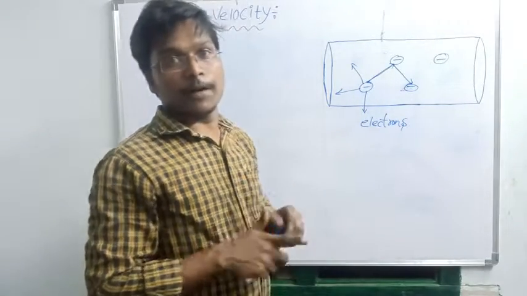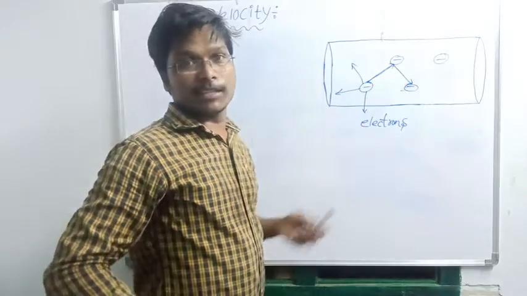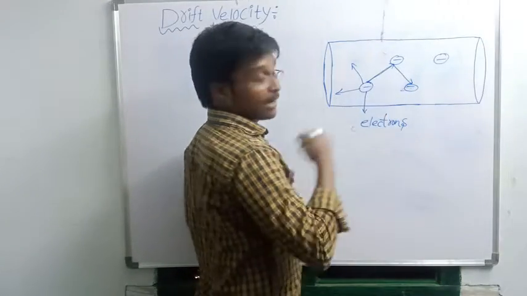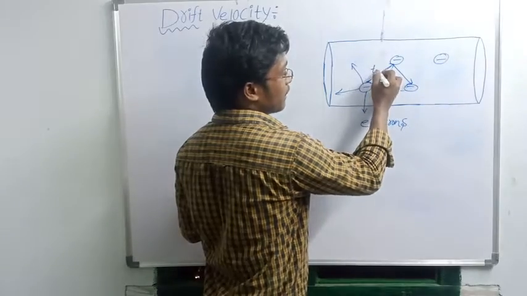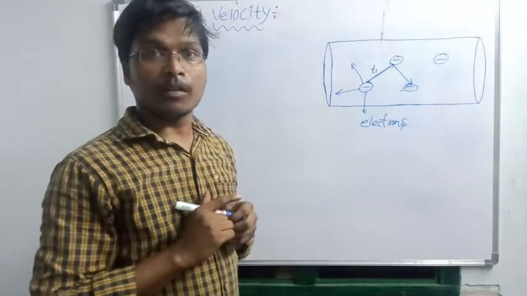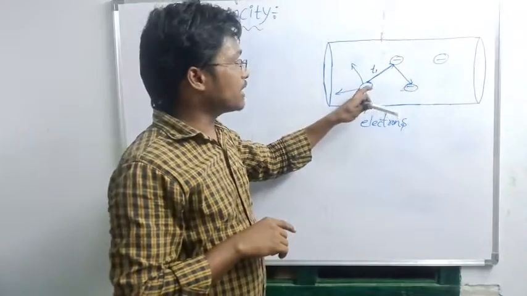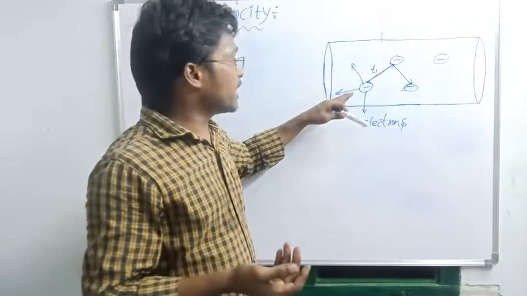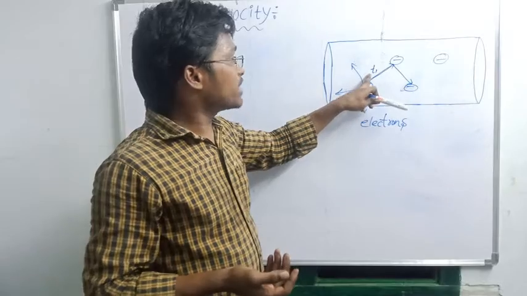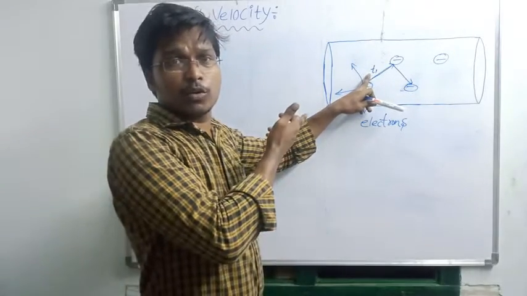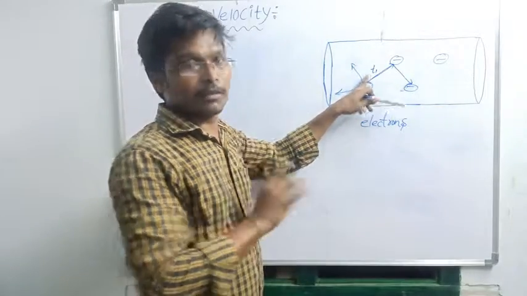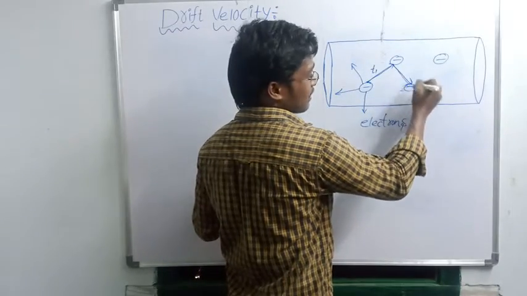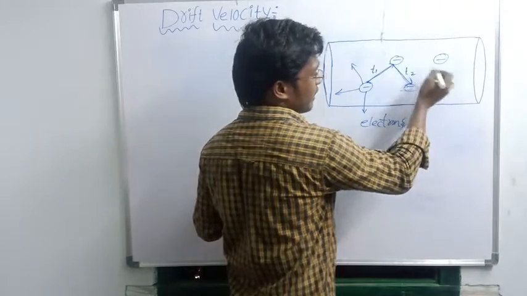For what reason did I say this? Suppose this electron hits this electron; it will take some time t1. This electron is moving with random motion, like this. How much time did this electron take here? t1. Again this electron hits another electron, so it will take time t2.